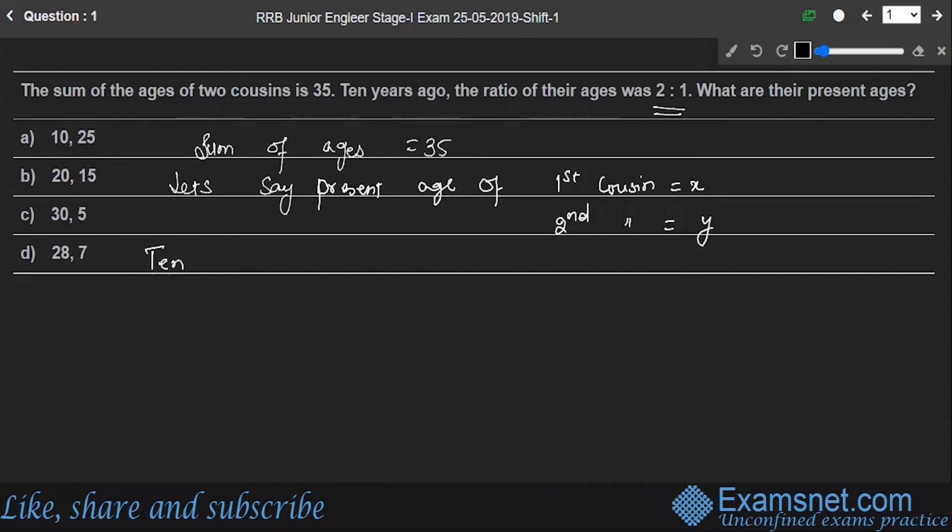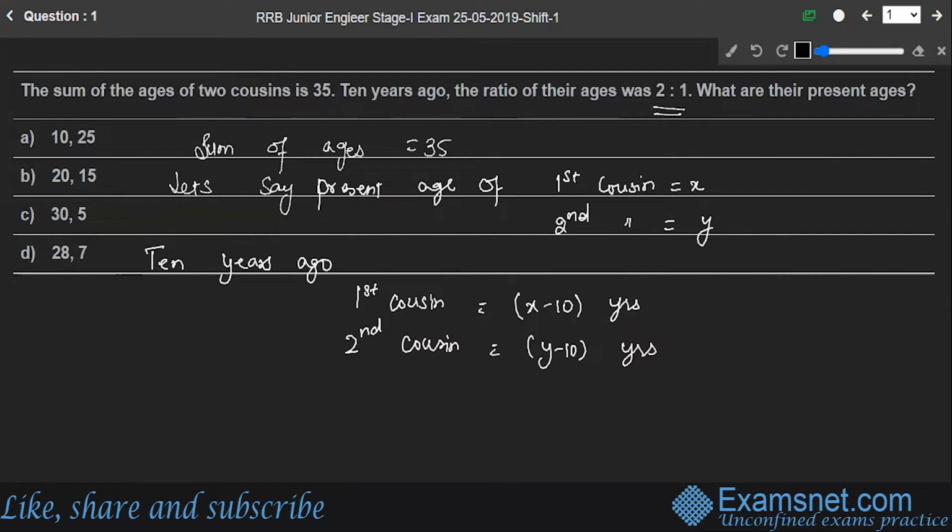So what will be their age 10 years ago? The first cousin would be x minus 10 years and the second one would be y minus 10 years. Now, according to the question, at that time the ratio of their ages was 2:1.